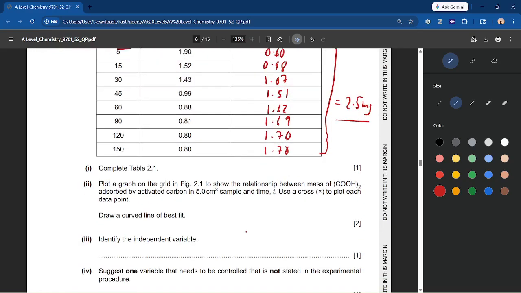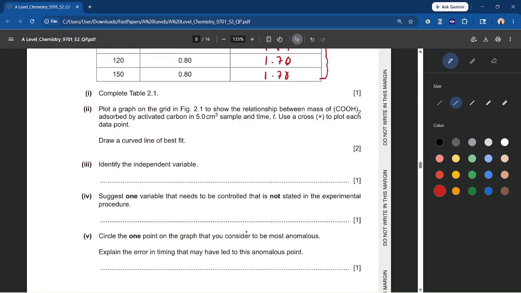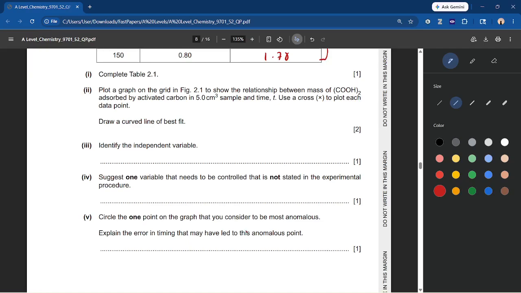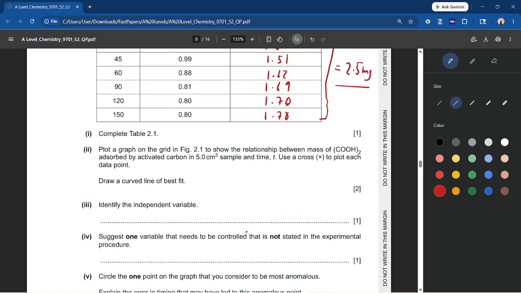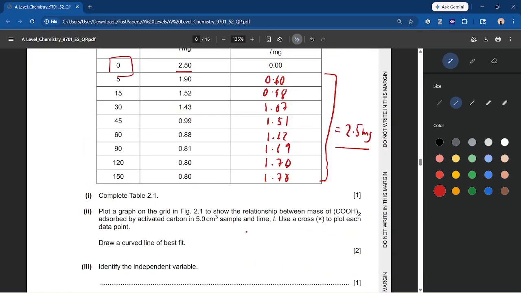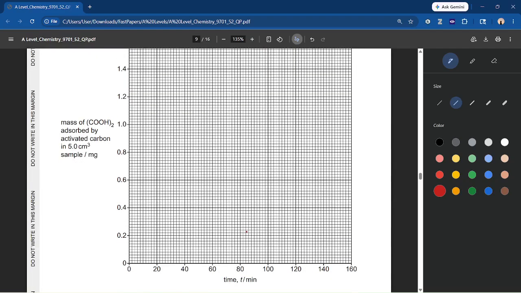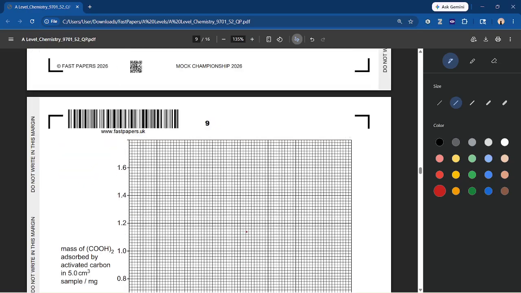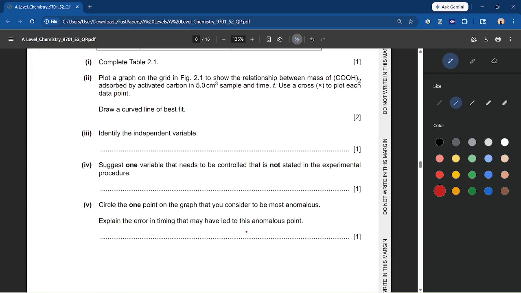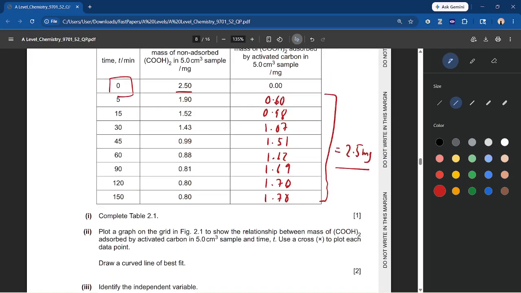Plot a graph on the grid in figure 2.1 to show the relationship between the mass of COOH2 adsorbed by activated carbon in 5 centimeter cube sample and time. Use a cross to plot each data point. Draw a curved line of best fit. So the way you're going to do this is you take a look at all your values and then plot them over here, and this goes on up to 150.